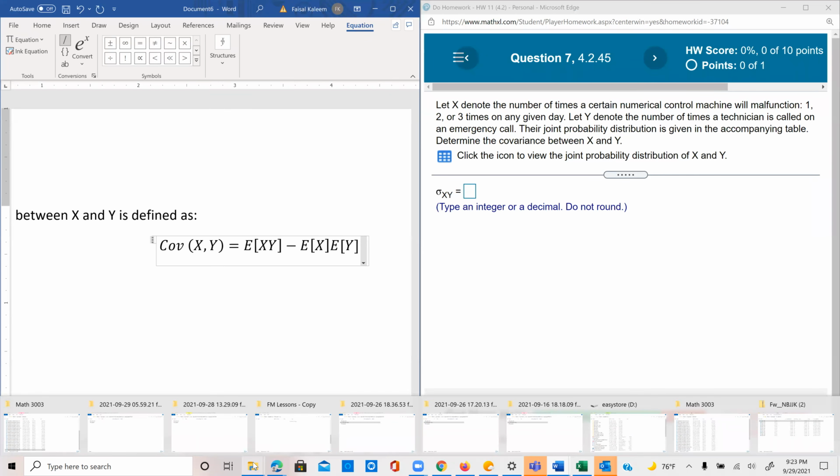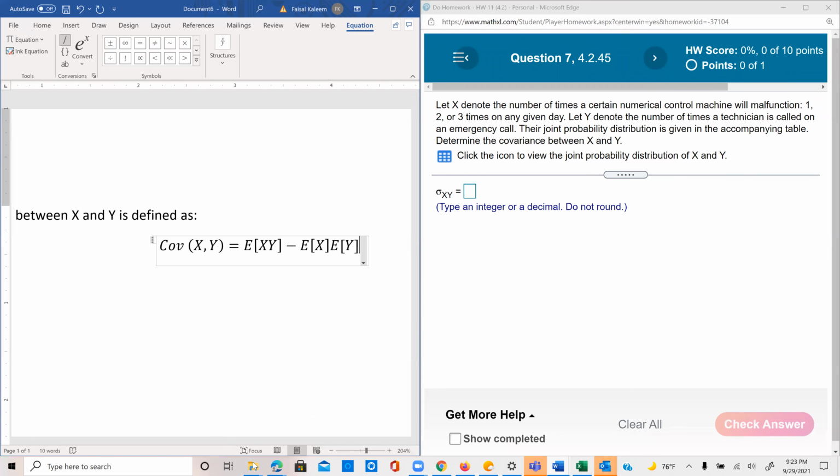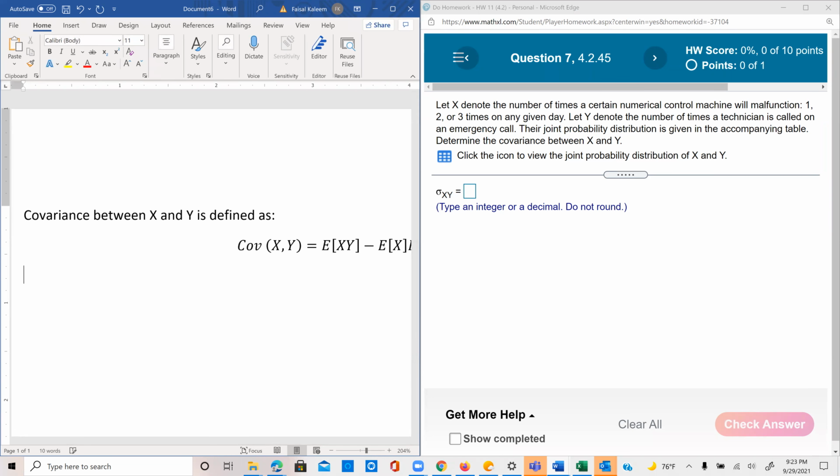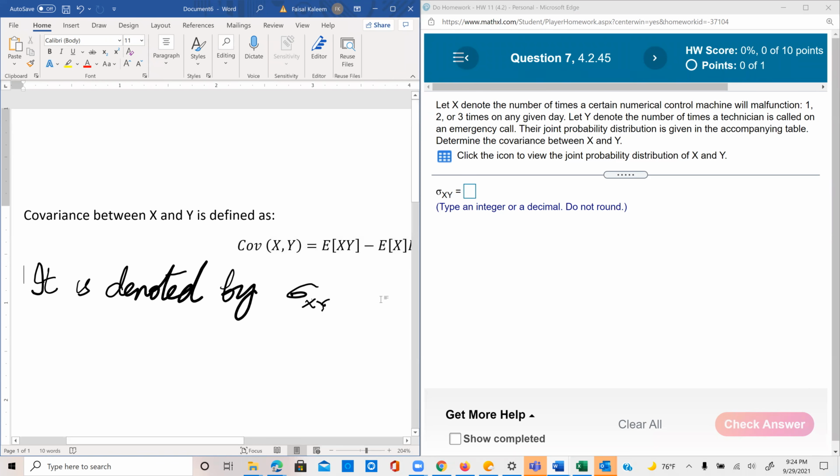So it is denoted by sigma xy. So we need to find these expected values.